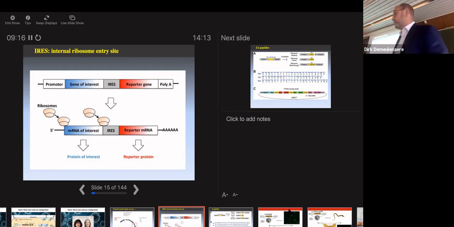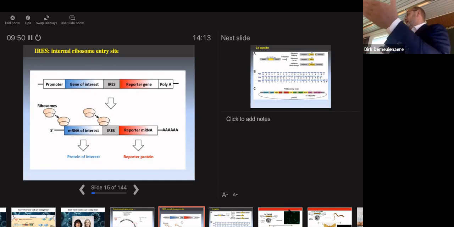And all this recruitment of ribosome is done in a cap-dependent manner. And so some viruses, not surprisingly, acquired through evolution these special RNA structures that allow them to recruit ribosome in a completely cap-independent manner. And so they can continue to produce their protein in a cell that has been informed of the infection, a cell that has taken action to block protein translation. And so that's the biological meaning of IRES. It's not to make one polycistronic RNA.